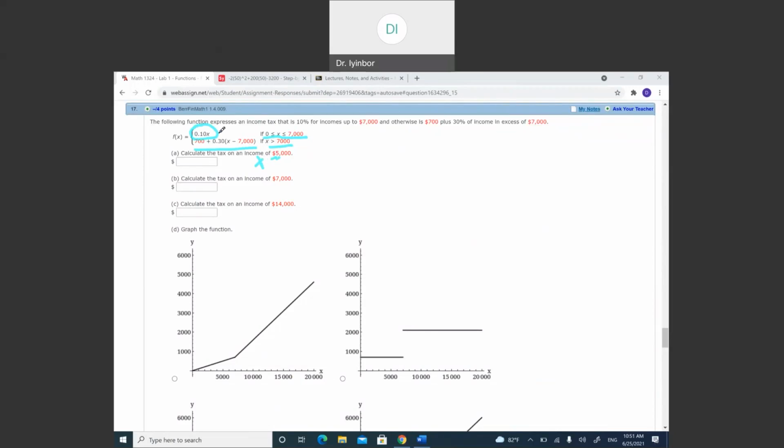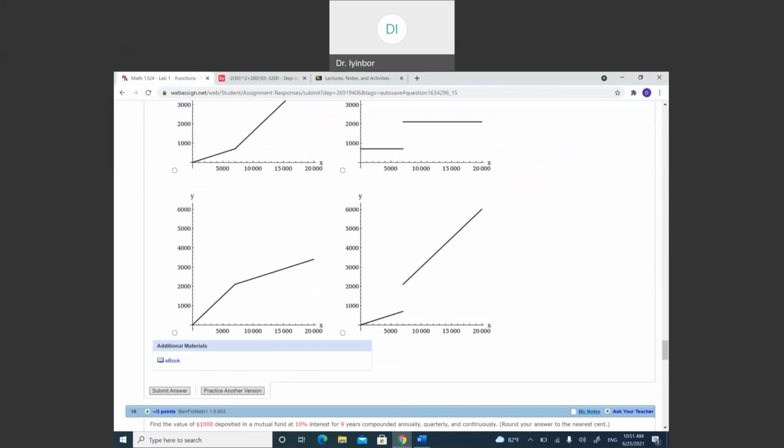So I'm going to plug in 5,000 for x in this first equation. So we have 0.010 times 5,000, and when you do that, it's going to give you 500, right? So my first answer is going to be 500.